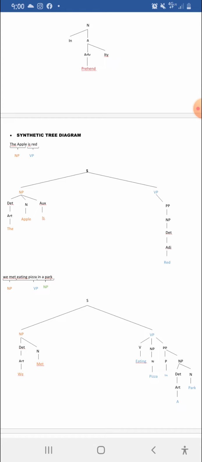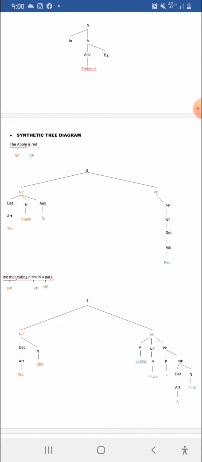But we can fit a longer sentence. For example, we meet eating pizza in a park. In this sentence, we identify a noun phrase, verb phrase, and noun phrase at the end. We represent them in the following way: in the middle an S of sentence. From the line on the left side, a noun phrase.